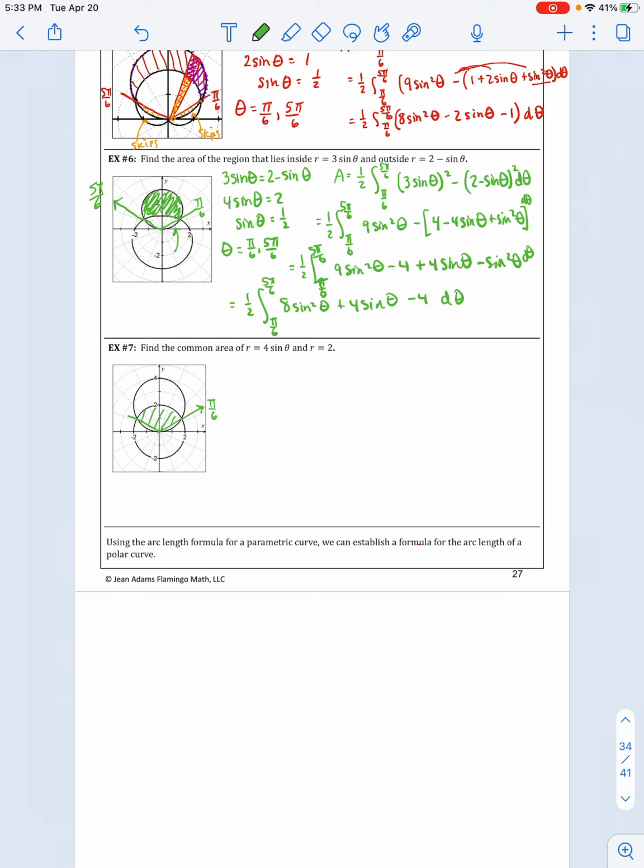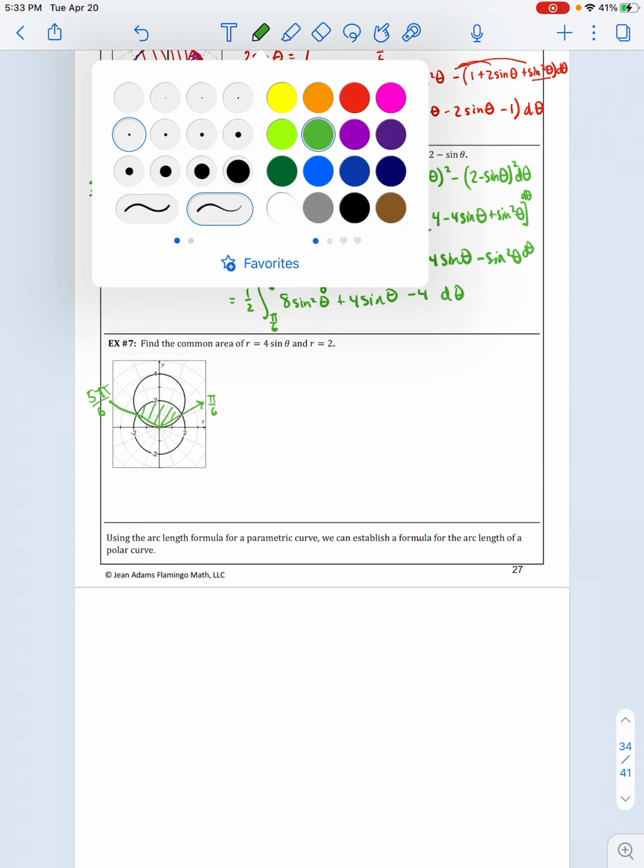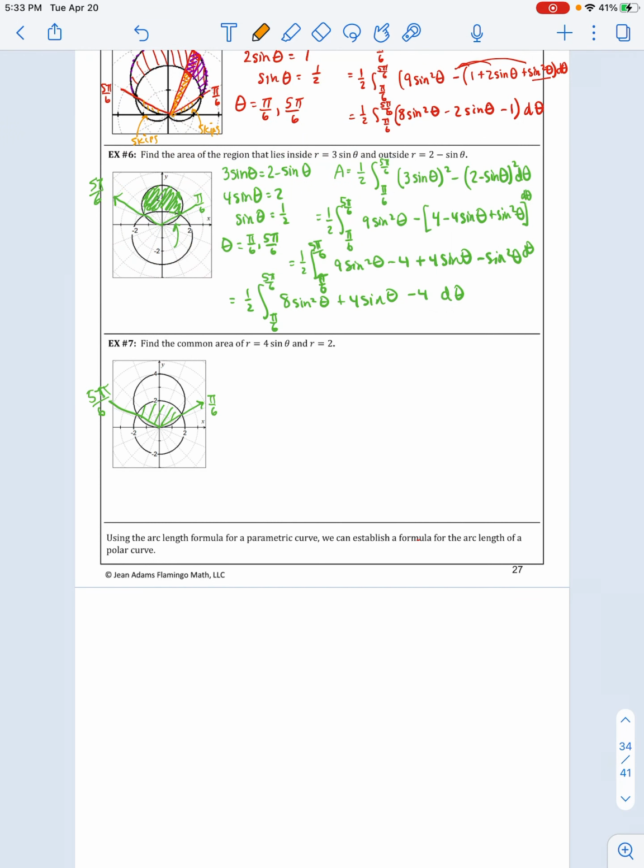So we found out on the last video that this was also pi over 6 and 5 pi over 6, but it's a different area, okay? We're not talking about this up here.